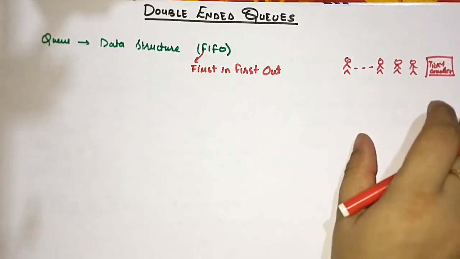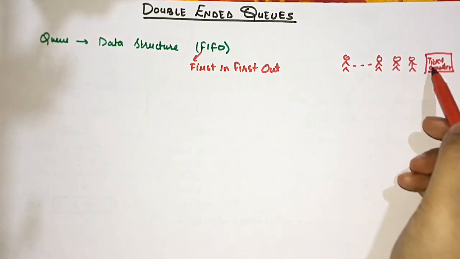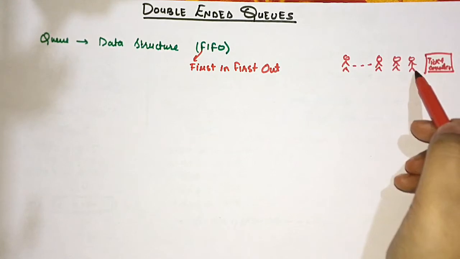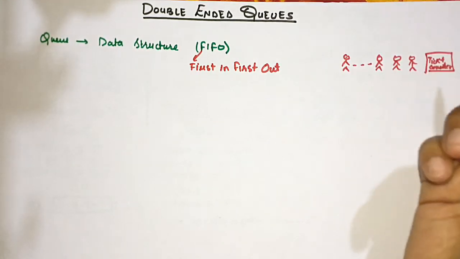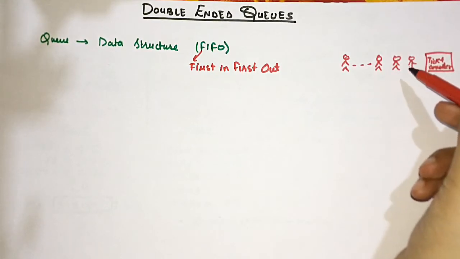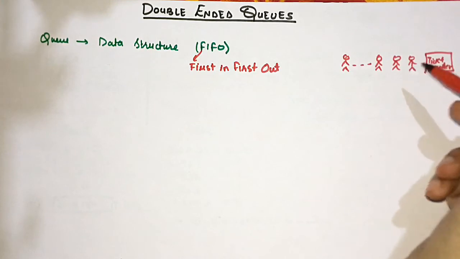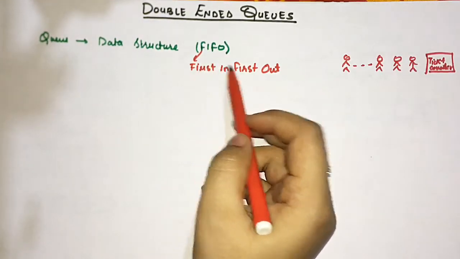Now what generally happens in real life, the person who is in the front of the queue will get the ticket first and will get out of the queue, which means the element which enters first into the queue will be the one which gets out of the queue first. So this is called first in first out.